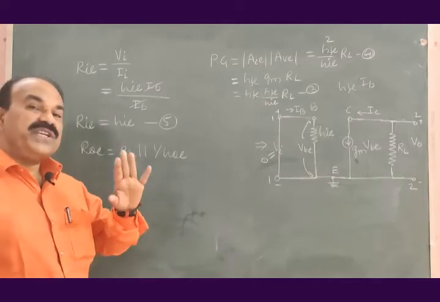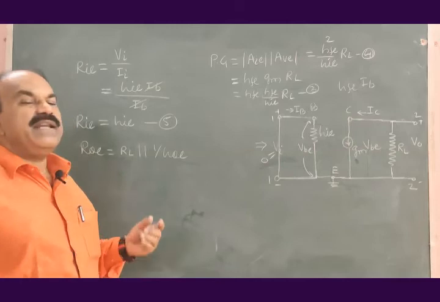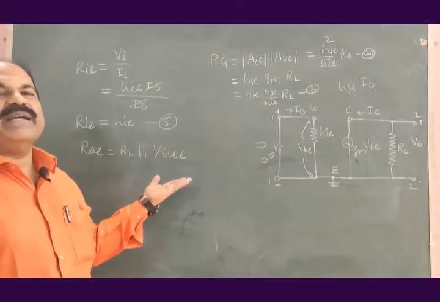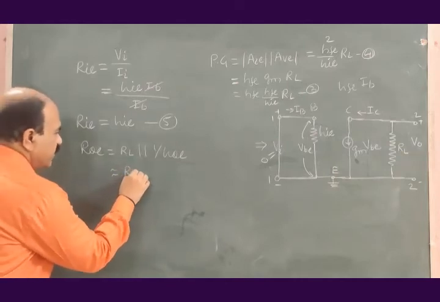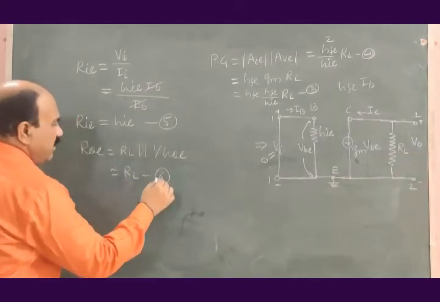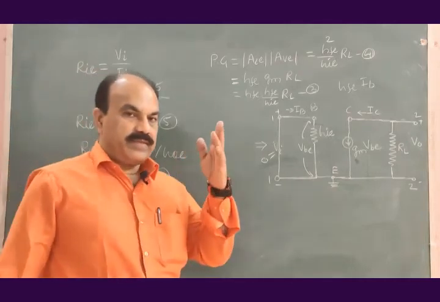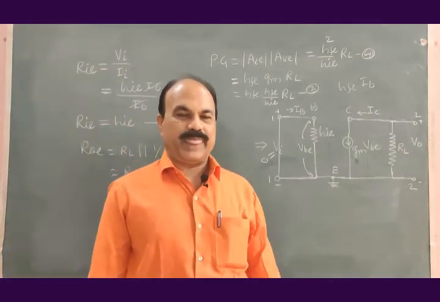1 by HOE is very, very large, whereas RL is small compared to 1 by HOE, and therefore you may consider this approximately equal to RL. Take the parallel combination of 1 kilo ohm and 10 kilo ohm.